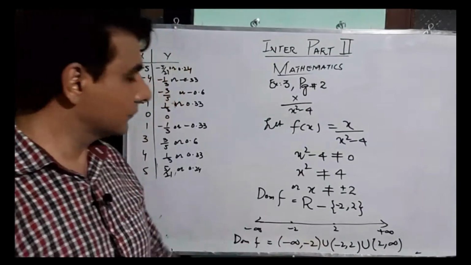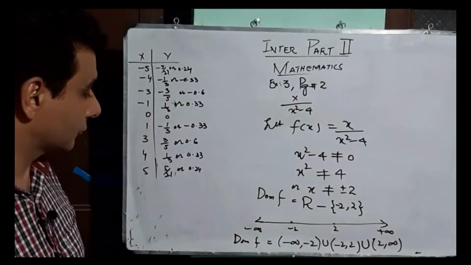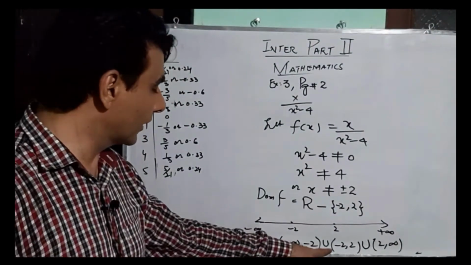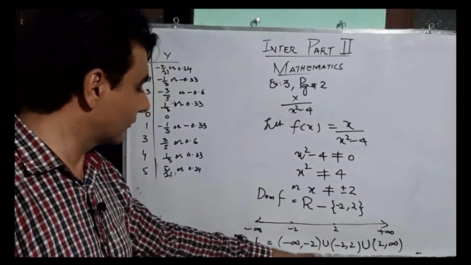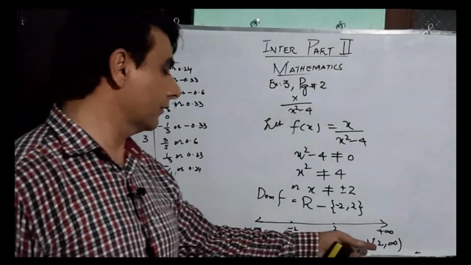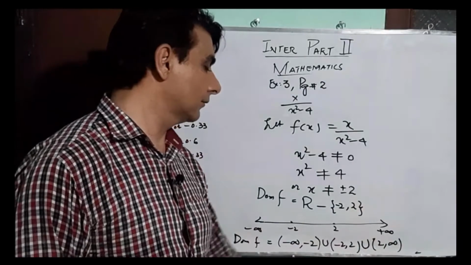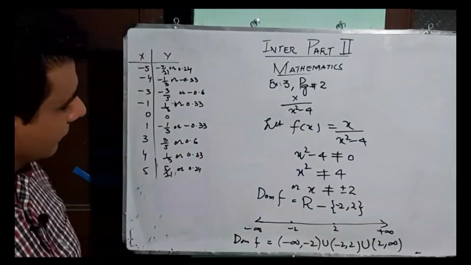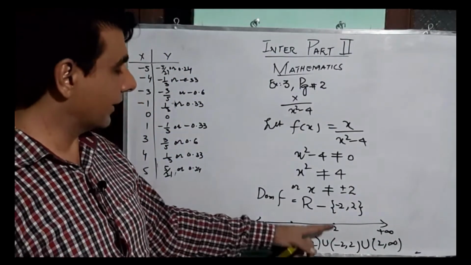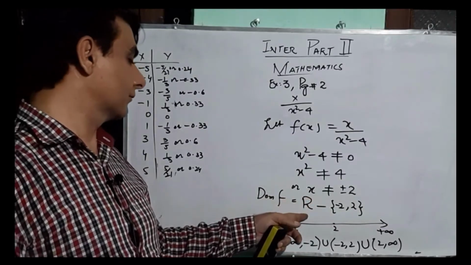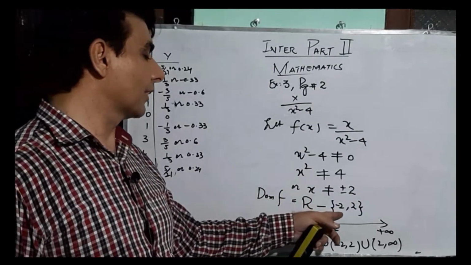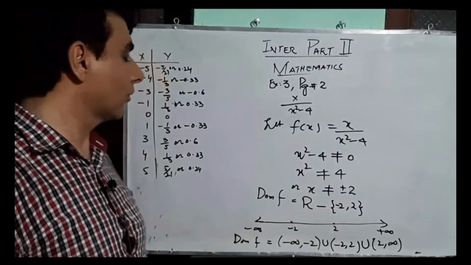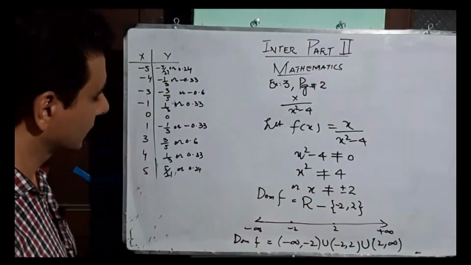Minus 2 and 2 will not be included, so we are using parenthesis here, and for infinity, as already understood, we use a parenthesis. So it is in the interval notation, and we can also use this notation: all real numbers excluding minus 2 and 2. So this is the domain.